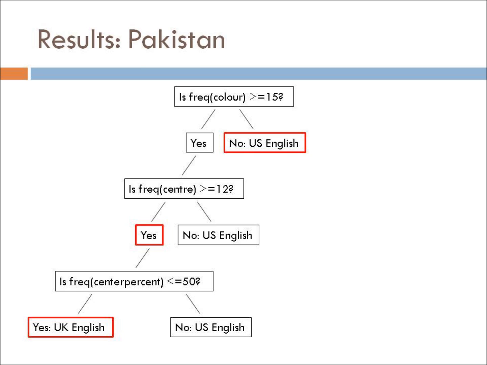However, the results show that the Pakistan corpus actually used less than 15 examples of UK colour, meaning it preferred US English in that example. However, the two remaining tests came back with a UK English preference. This screen for the Sri Lanka decision tree shows the same outcome as the India tree, therefore showing a preference for UK English as well.